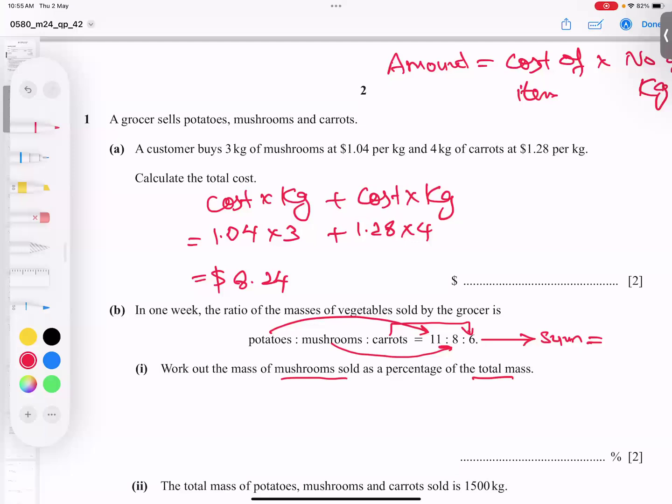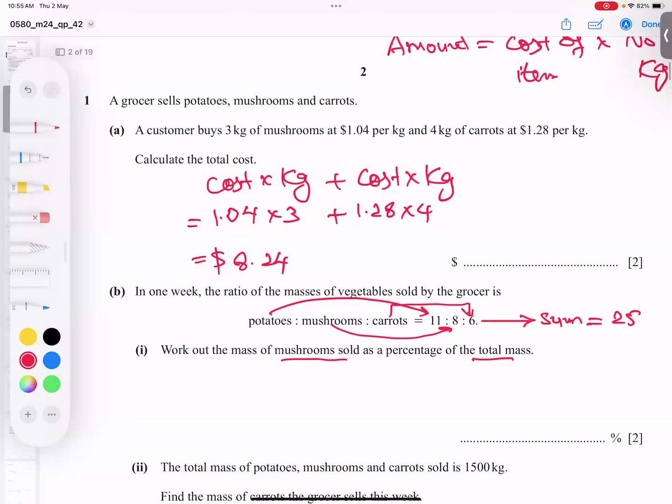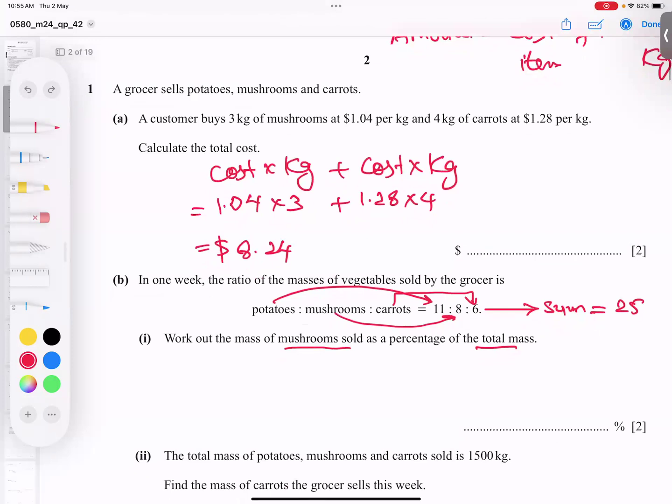Now students, what is the method here? 14 plus 11 is 25, clear. What is the method to do it? A simple technique for percentage: the basic technique is that the part goes in the numerator and the total goes in the denominator, times 100. So let's start.